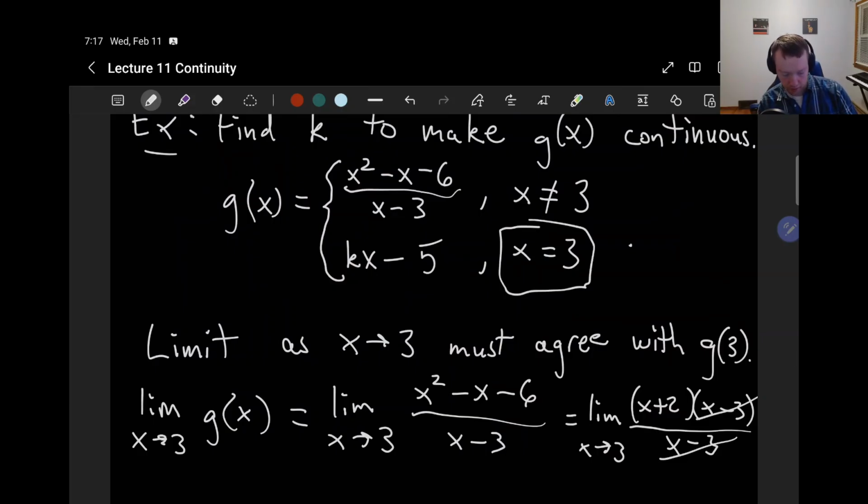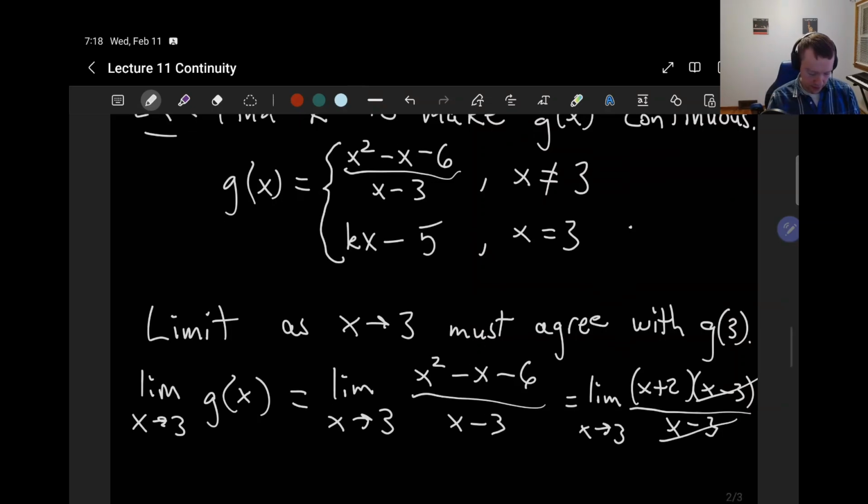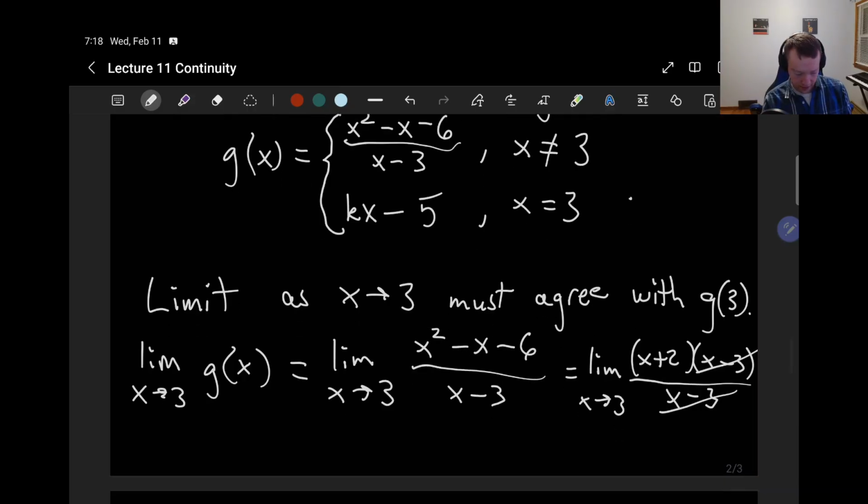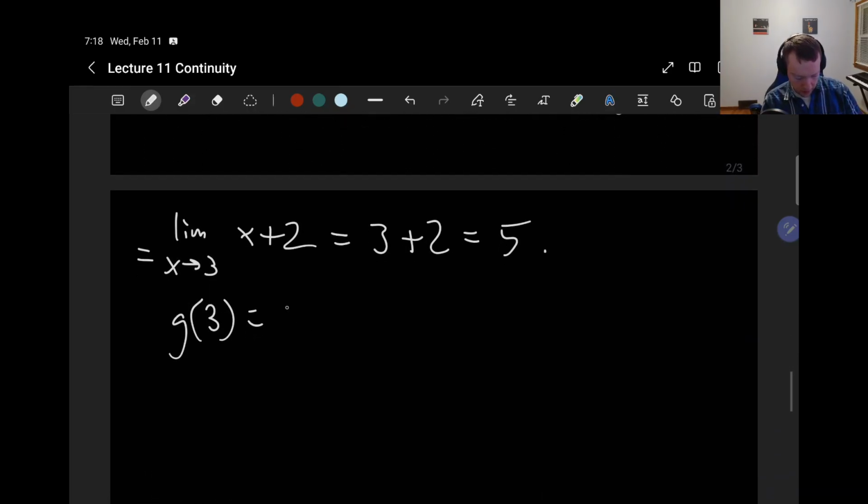Well, this tells us what we do when g is actually 3. We use this expression. And so we plug in 3 for x. So instead of writing k times 3, I'll just write 3k. Looks a little nicer. So that is 3k minus 5.